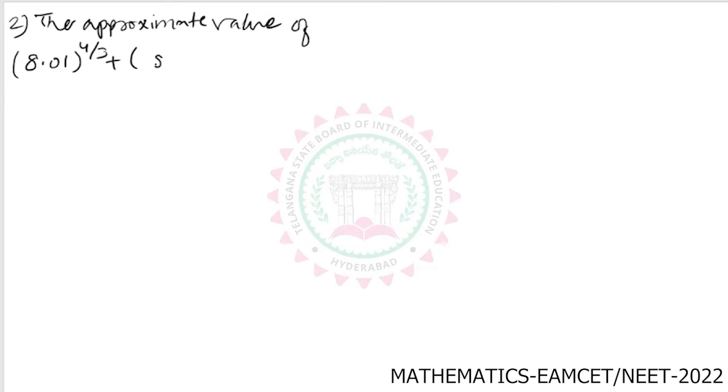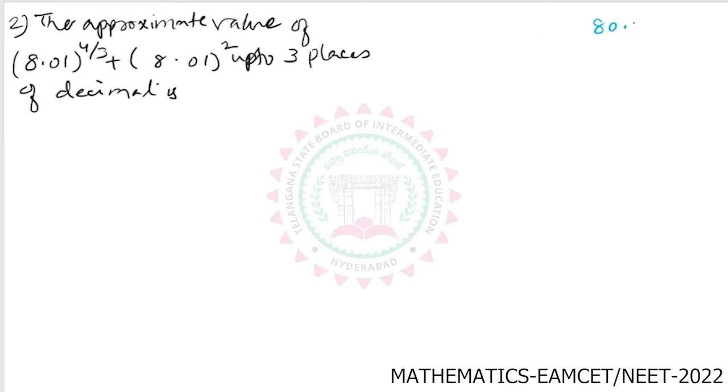The approximate value of 8.01 whole power of 4 by 3 plus 8.01 whole square up to 3 places of decimal is, the options are: the first option is 80.116.